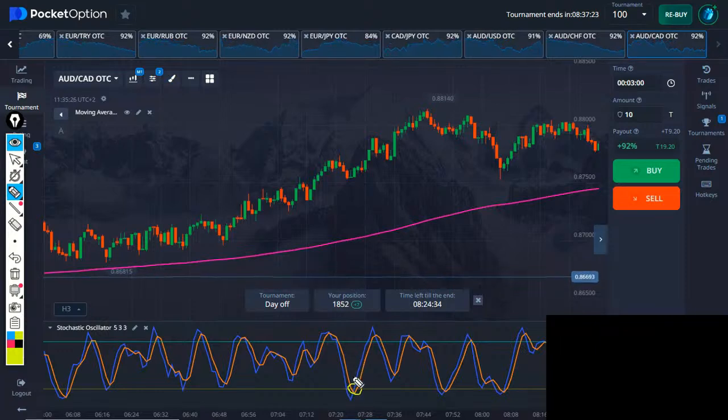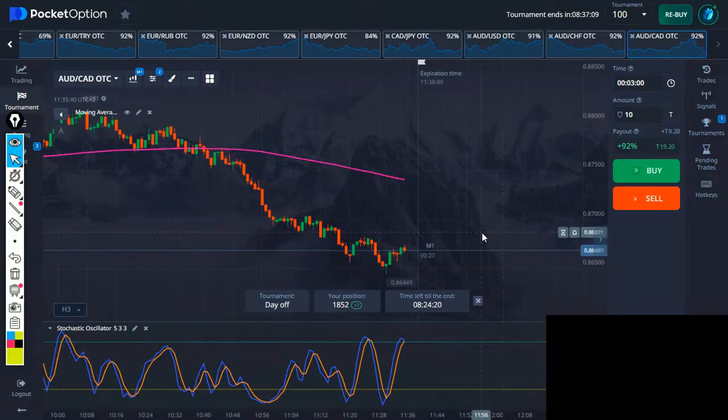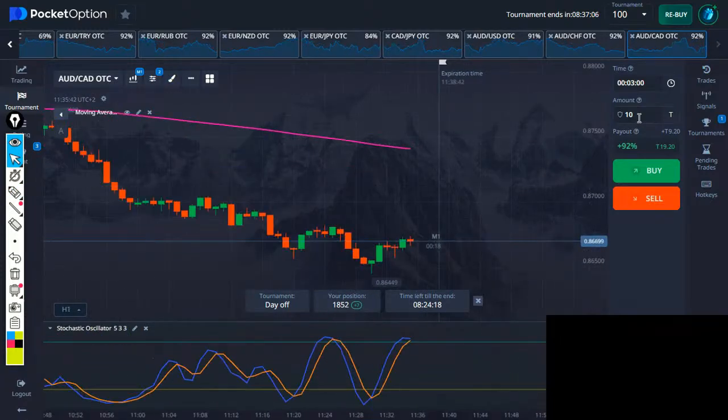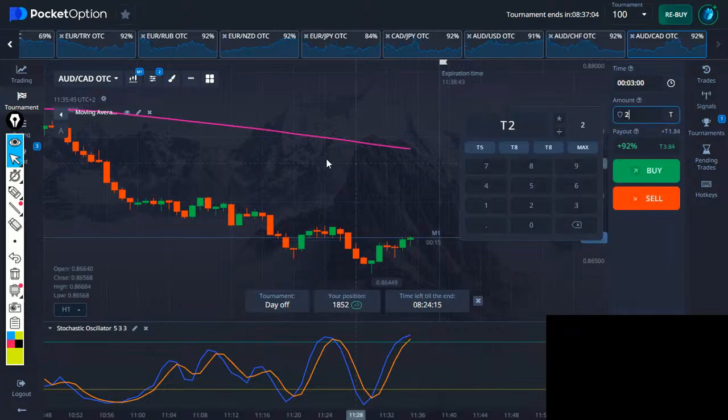So in this case, this is where you would enter a buy trade, 3 minutes. That's a winning trade. Okay, so these are the rules of the strategy. So let's begin. If you have any questions, please do not hesitate to hit the live chat.